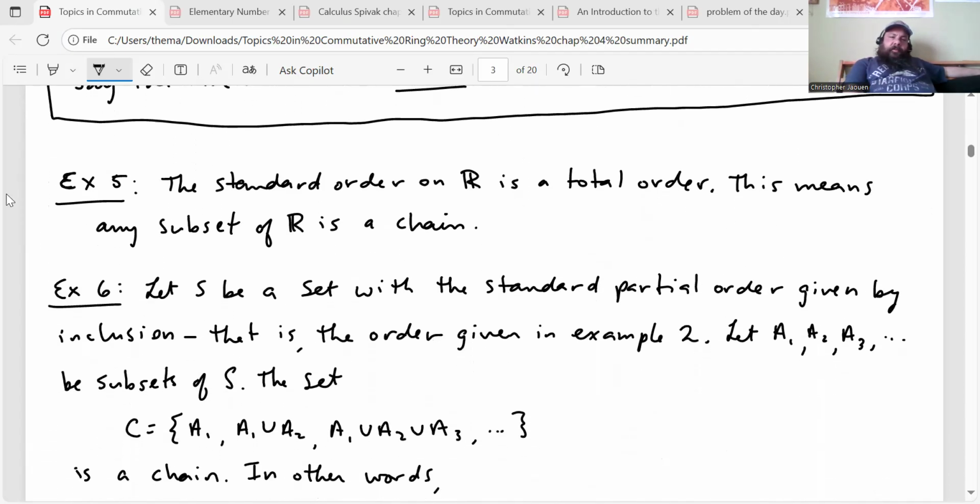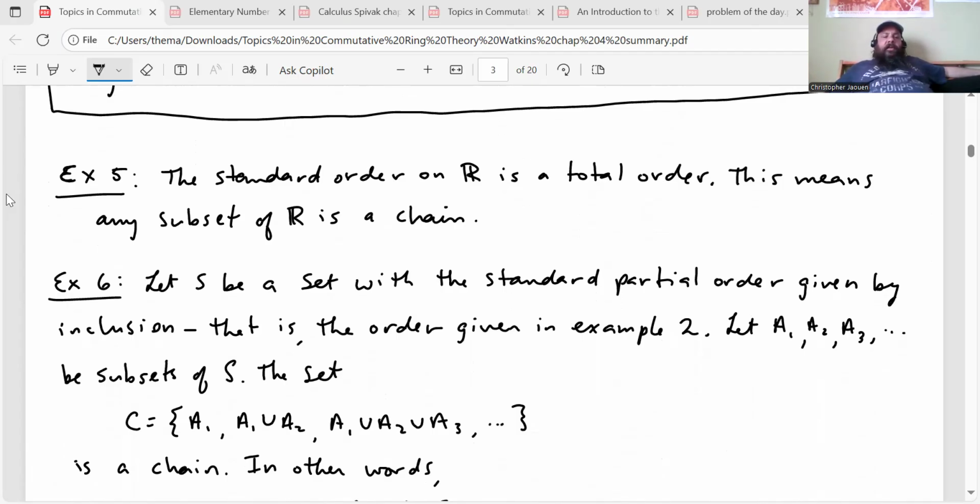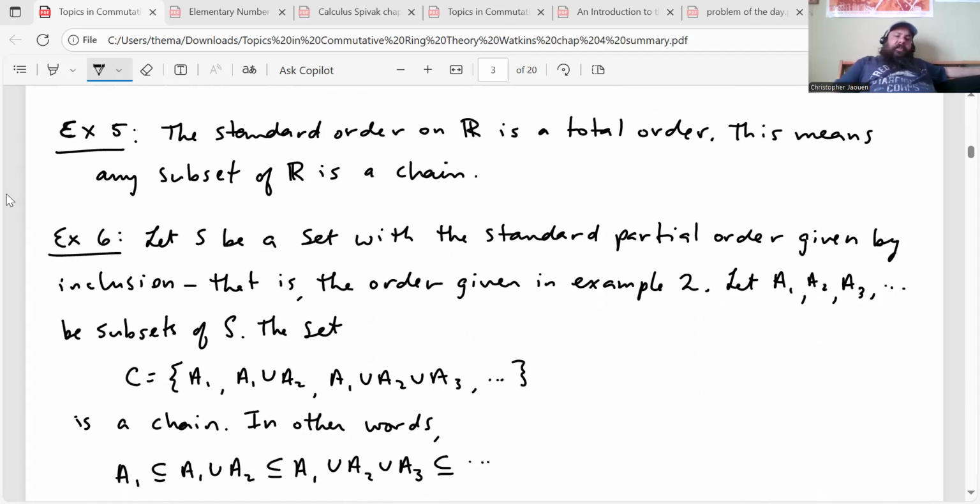All right, here are some examples of totally ordered sets. The standard order on R is a total order. This means that any subset of R is a chain. Example 6: let S be a set with the standard partial order given by inclusion, meaning the order that we talked about in example 2.